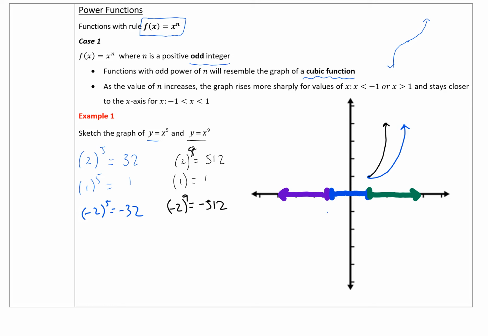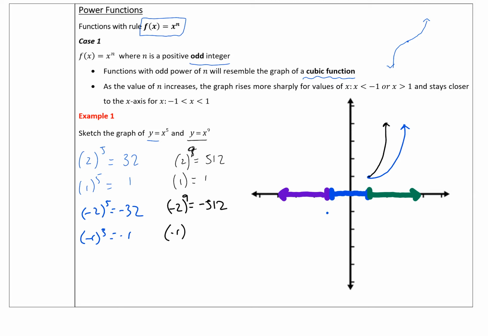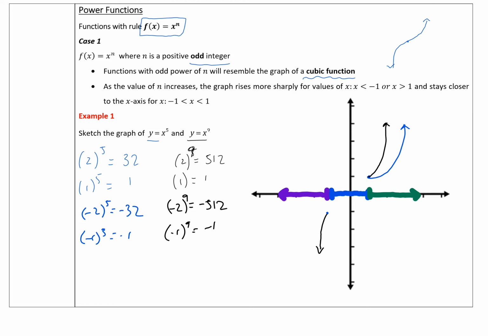So at that point of intersection at -1, because again, -1 to the power of 5 is -1, and -1 to the power of 9 is also -1, I know that my x to the power of 9 is going to decrease more rapidly than my x to the power of 5.